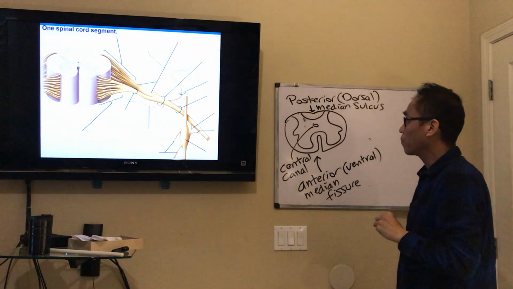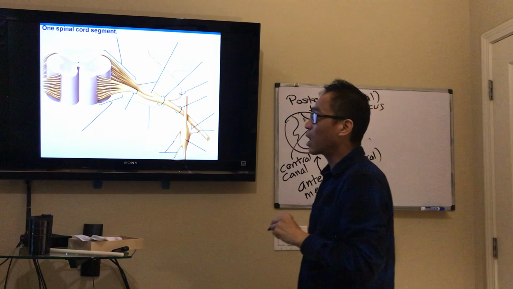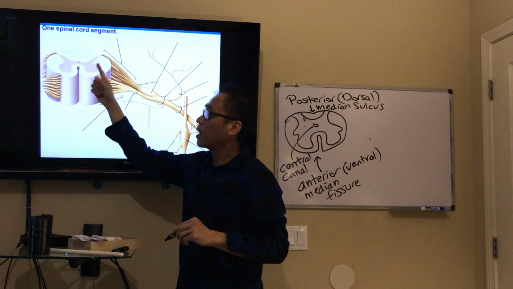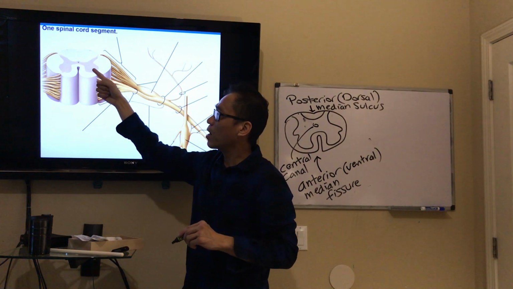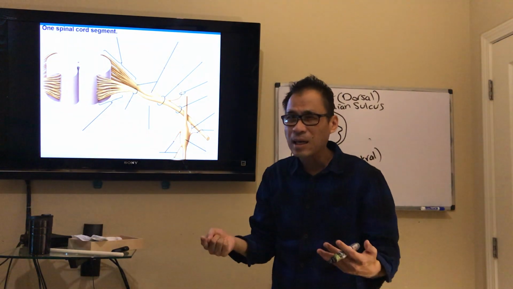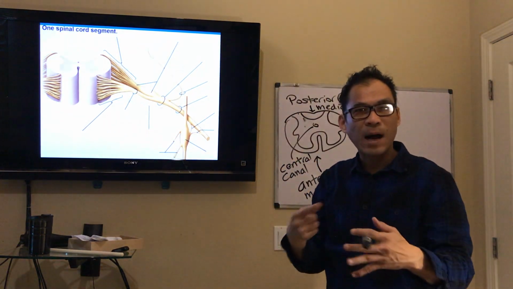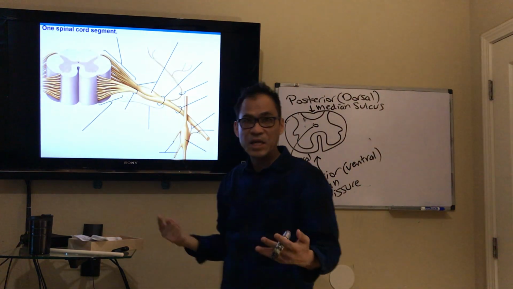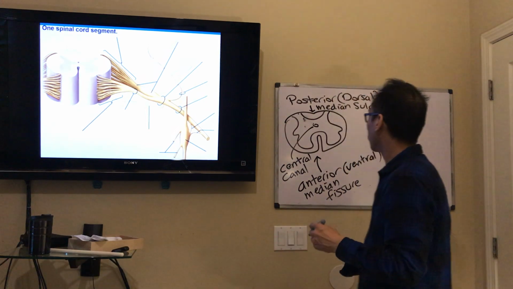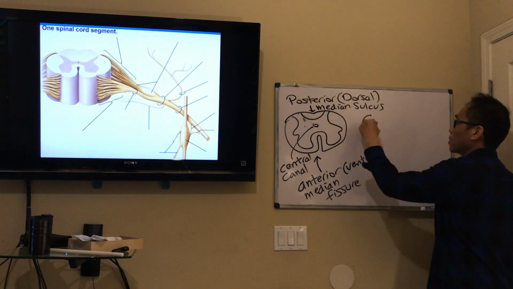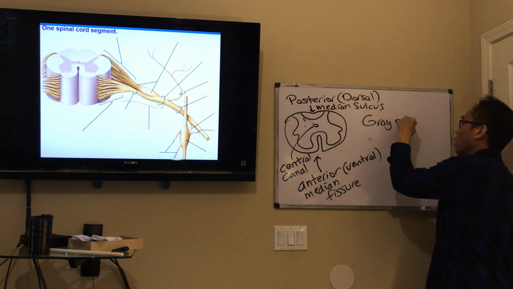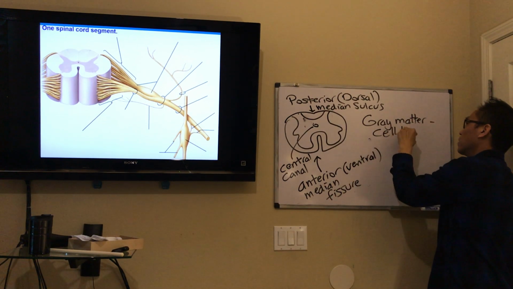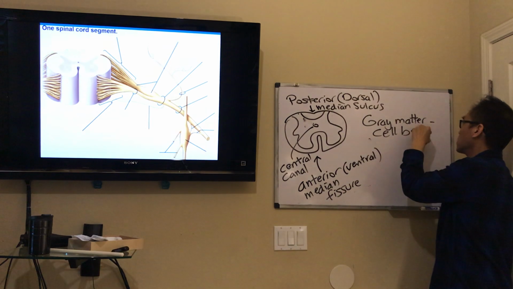Now let's talk about this gray tissue. We'll talk about it later, but this butterfly shape, that's gray matter and then white matter. The gray matter is usually gray because cell bodies have a grayish color, and the whitish color is due to the myelination of axons. So gray matter, cell bodies.